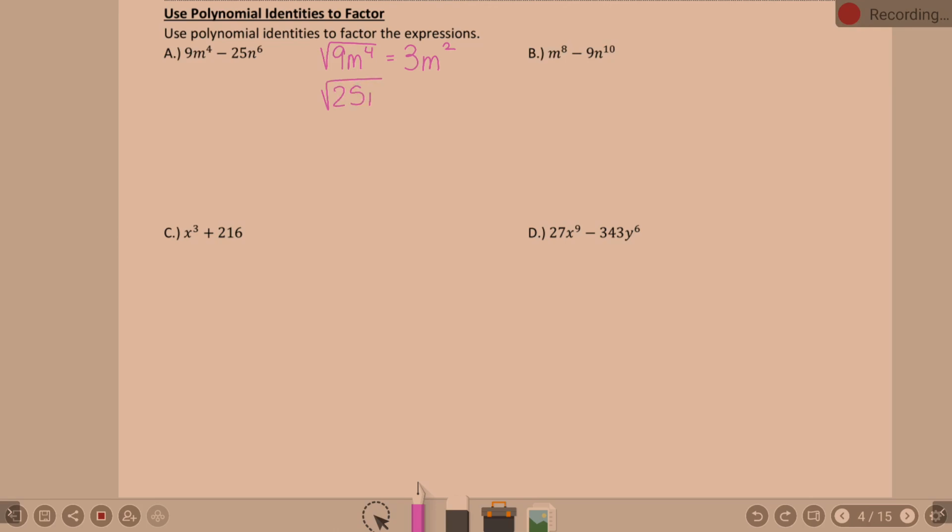What about the square root of 25m to the 6th? The square root of 25 is 5, yes. And then when it comes time to do the exponent, remember it's what number plus itself will add to be 6.